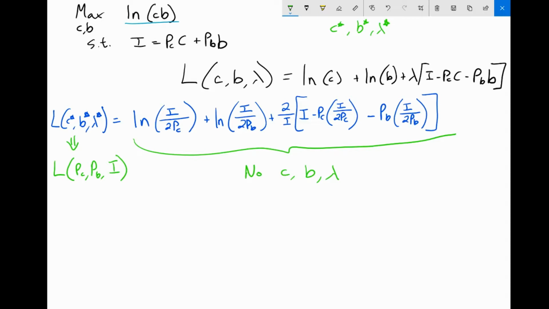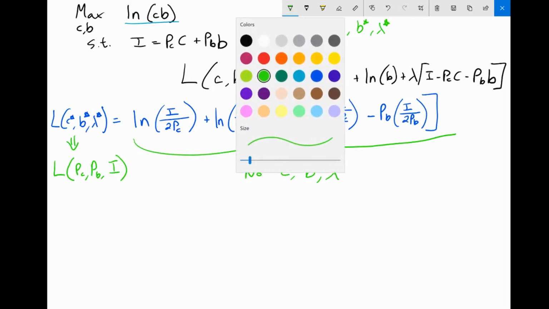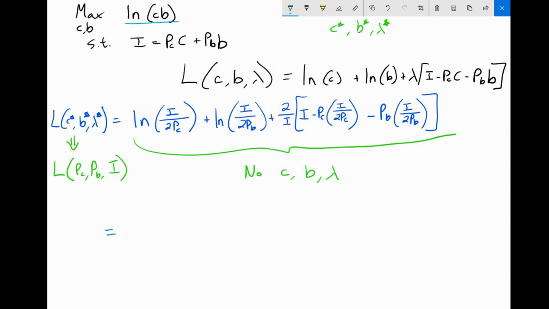All right, so now why don't we simplify this? Let's do some simplification. So first, let's put the natural logs together. And then let's do some simplification over here. First, we have I, minus.